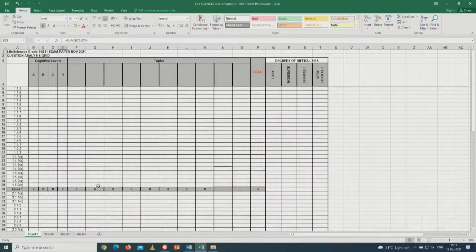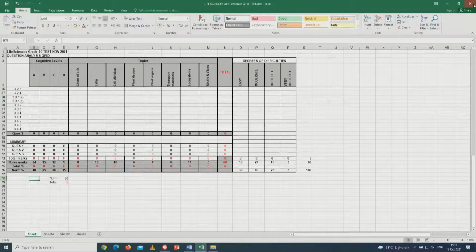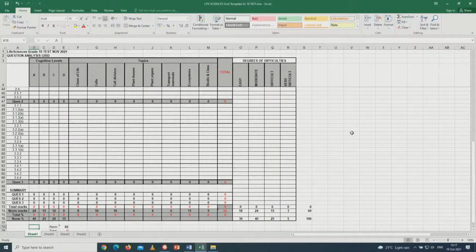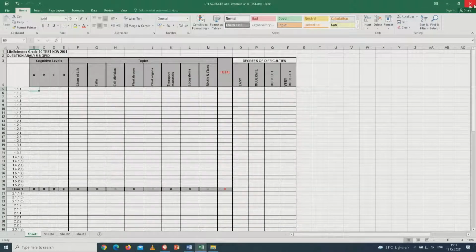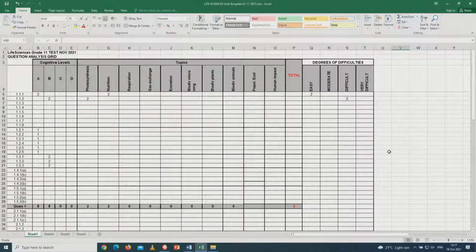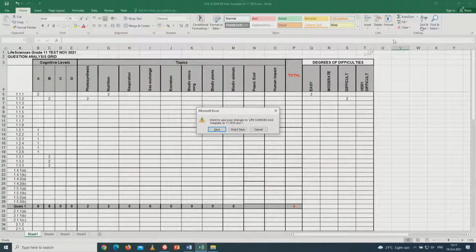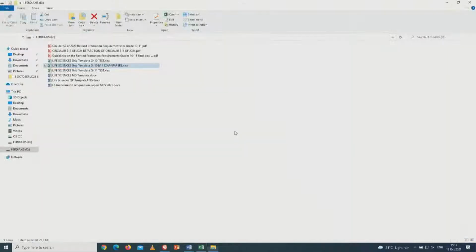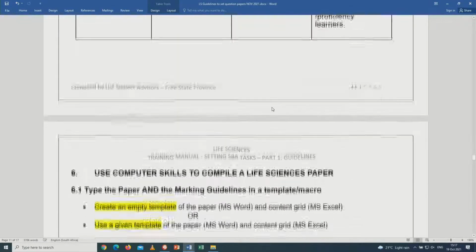So you will receive 3 of these cognitive grids or taxonomy grids in the next day. I'm going to send it tomorrow morning. You will receive the guidelines in the Free State as well as these 3 grids. I'm not going to save because I want to send you the clean one.